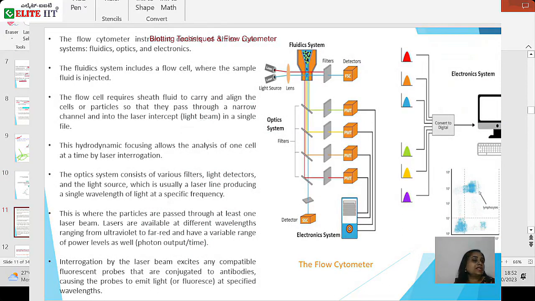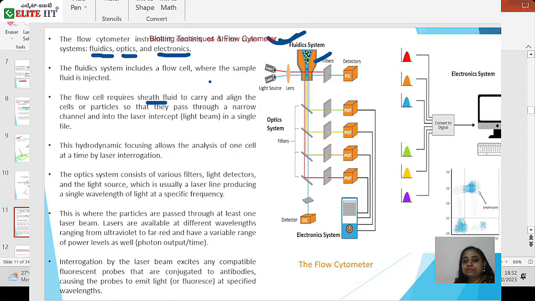Now this clearly shows that there are three main core systems: fluidics, optics, and electronics. In the fluidic system, whatever we discussed now, the core and the sheath come under it. The fluidic system includes a flow cell where the sample fluid is injected, and the flow cell requires sheath fluid. The orange color is the sheath, and this blue part is the core system, the sample fluid.